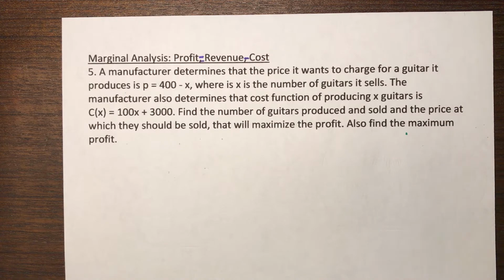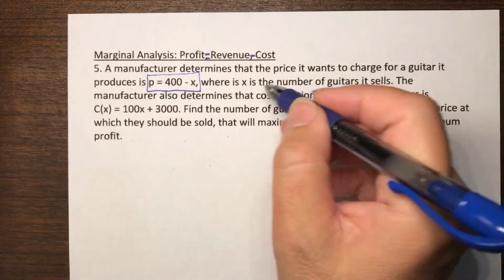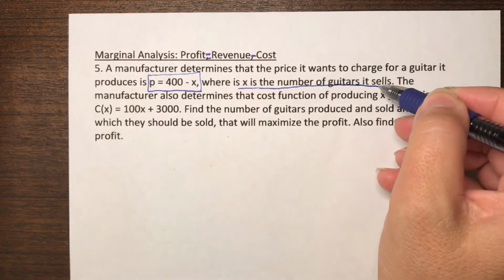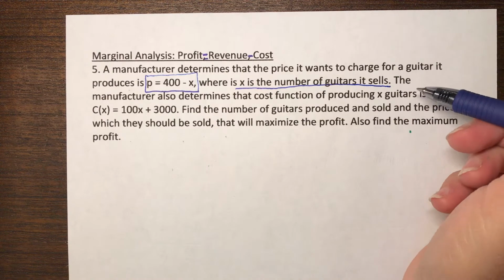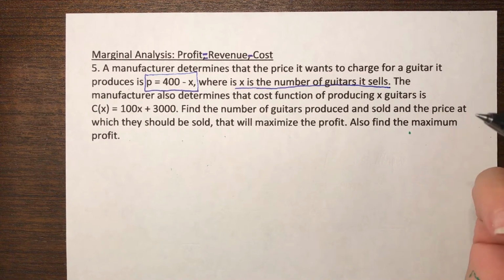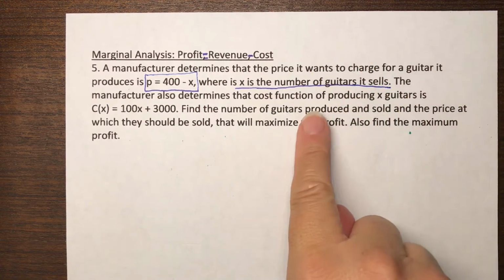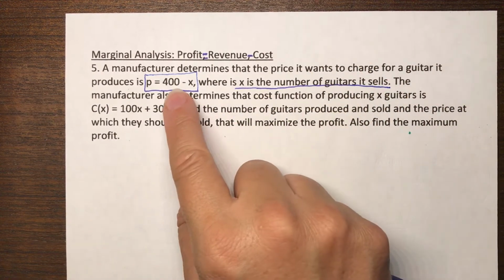A manufacturer determines that the price it wants to charge for a guitar it produces is P equals 400 minus X, where X is the number of guitars it sells. So it's producing and selling guitars. But what it's saying is, if I'm going to sell you one guitar only, what's going to be the price I'm charging?